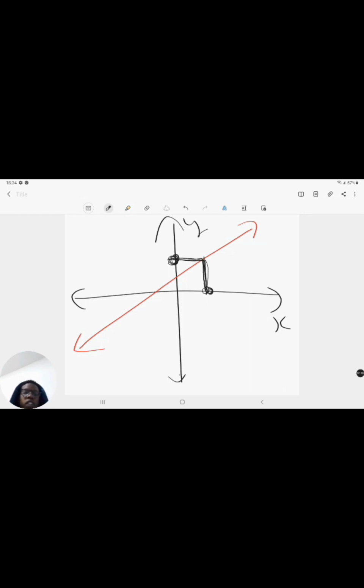So all the x values and the y values of the graph relate to one another in such a way that if you join all the points where those x values and y values relate, then you would get a straight line. Okay, so that's simply what a straight line graph, or straight line function, or a linear function means.